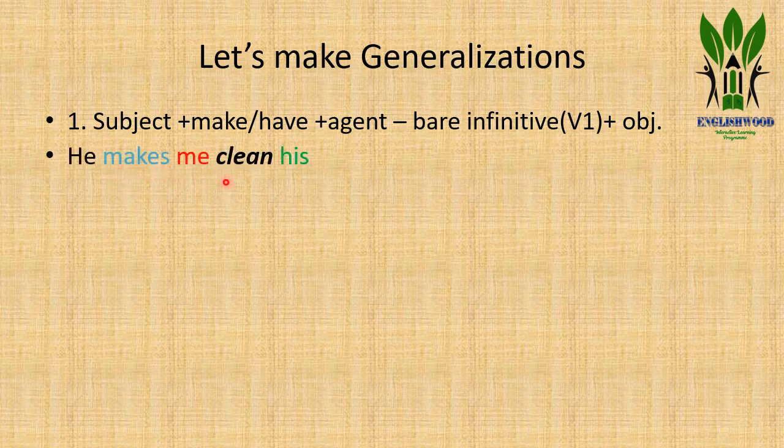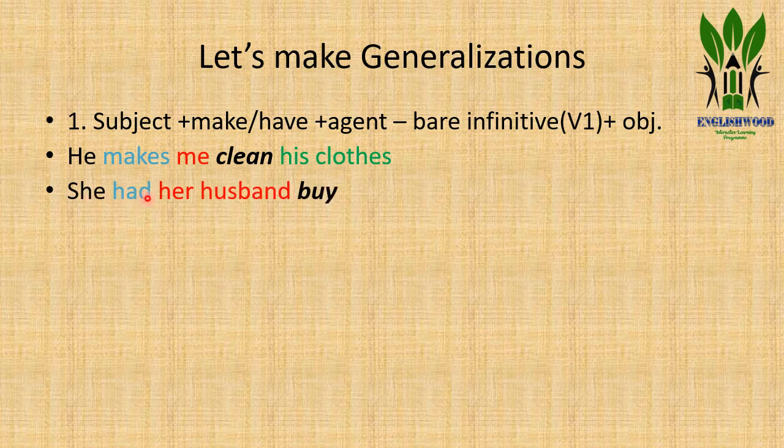He makes me clean his clothes. He is the subject, and instead of make, there is makes. The agent is me, and mostly agents are living things. This structure gives the bare infinitive, clean only, not to clean, remember. And his clothes is the object.